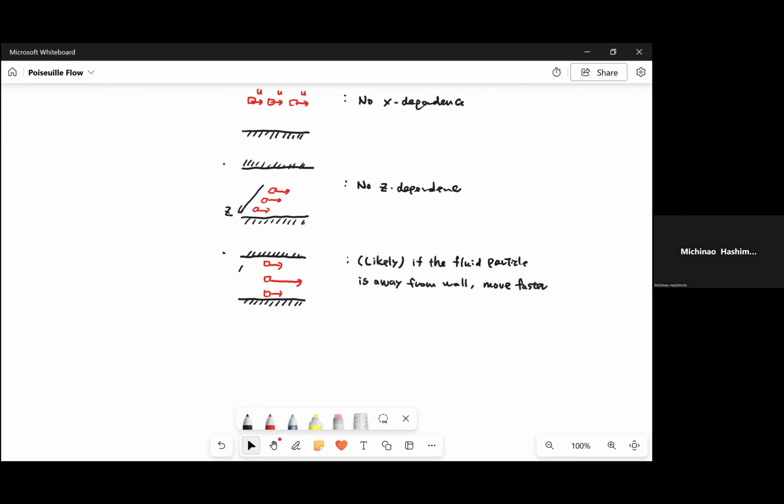To avoid any ambiguity, this direction is the y direction, so there is y dependence.